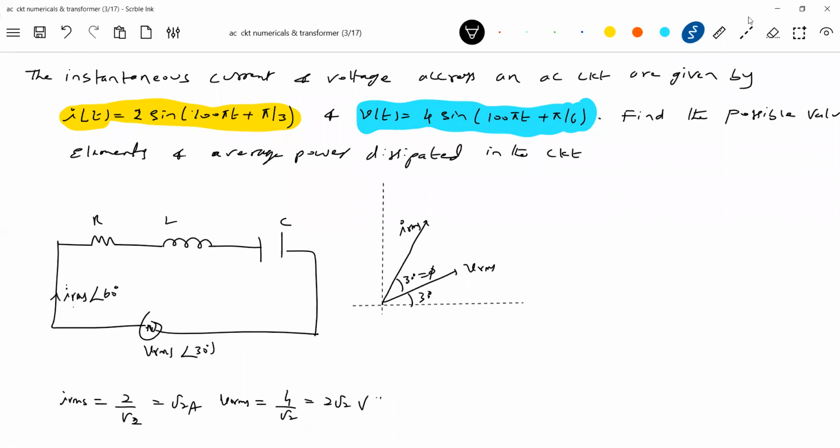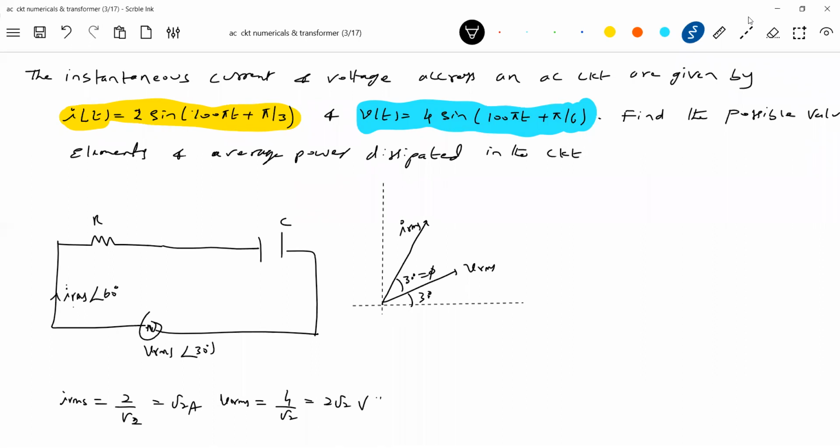So L should be taken out. I'm going to remove L. Sir, now you can ask a question, sir, why are you removing L? Because find the possible values is telling. If I assume L, again XL minus XC, how much XL, how much XC, that will not be possible. Or you may put in the exam crystal clearly, only one reactive element, one resistive element is there. He will mention it. So this has to be taken out.